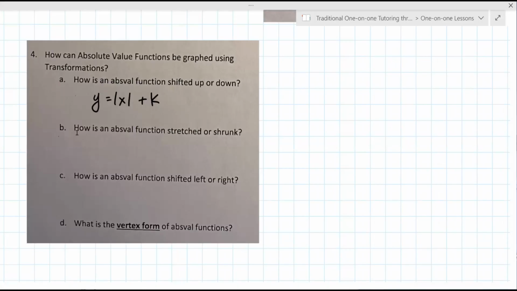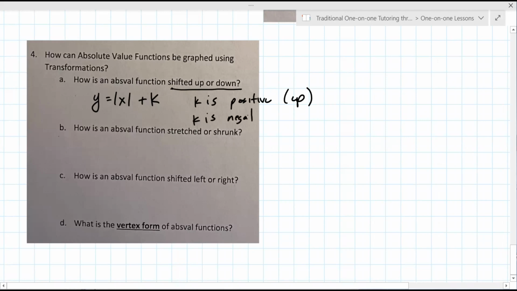Okay, so if you're seeing my screen here, it's shifted up or down based on this K value, this number off to the right. If K is positive, it's a shift up. If K is negative, it's a shift down. Go ahead and write that down. That may be it for today. It may be all we can get to.